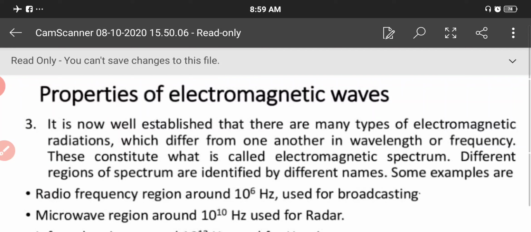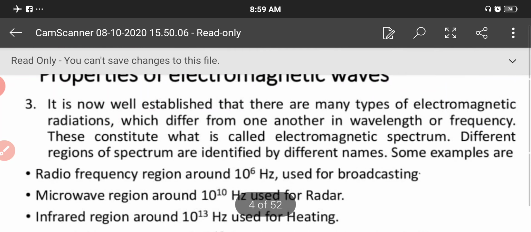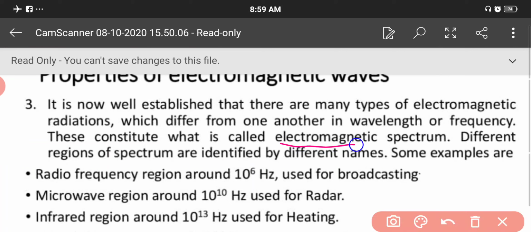Means we can separate electromagnetic radiation into subparts, and they have different wavelengths and frequencies, and the combination of that electromagnetic radiation is known as the electromagnetic spectrum.